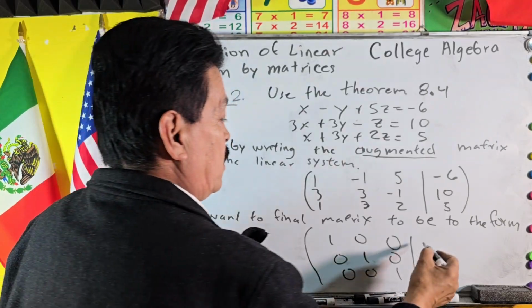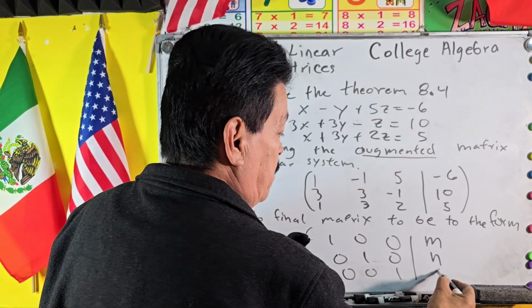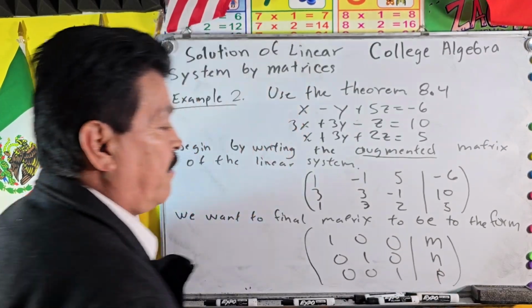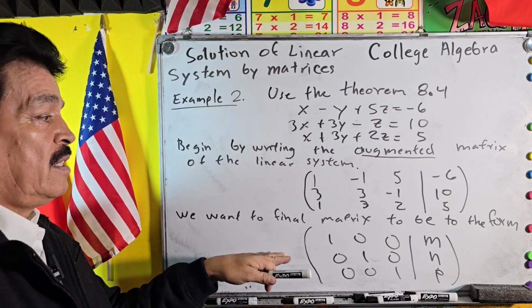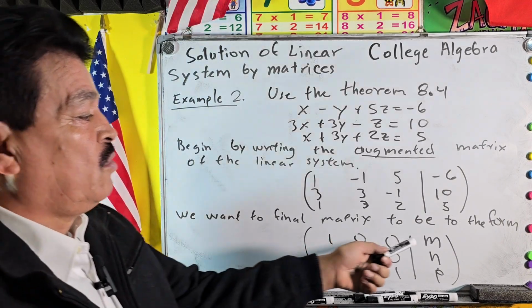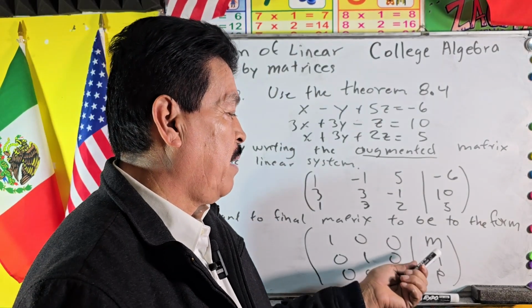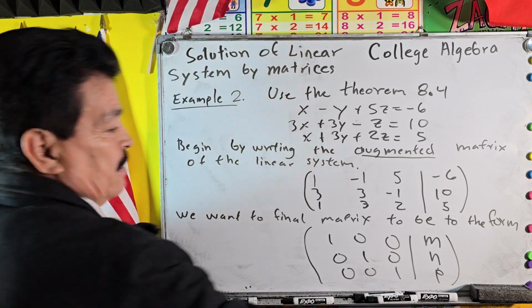The last column is M, N, and P. I forgot to write the final matrix. This must be our final result. So we need to know how much M, N, and P will be. Right? Okay.